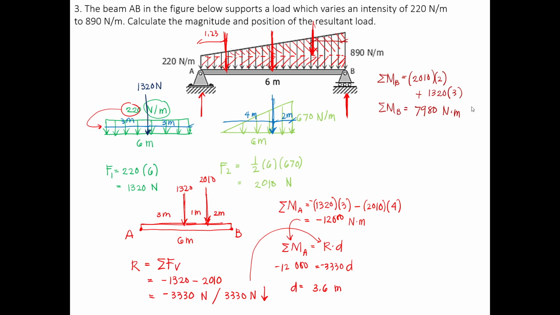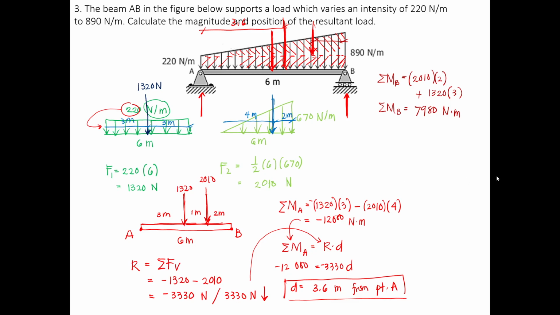I think it will make sense. So let's say 3.6 is in this location here. But this is 3.6 from point A. So don't forget also to place a description here: 3.6 meters from point A, since we are taking moments about point A.